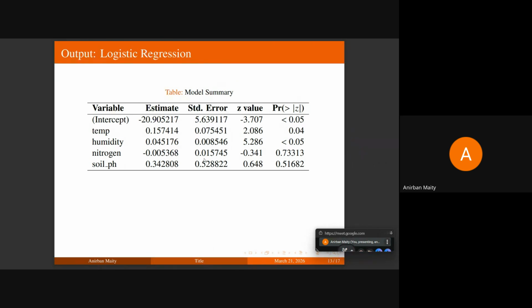This is the model summary of the data. Here you can see the model estimates of the parameters. If you fix humidity, nitrogen, and soil pH, and increase temperature by 1 unit, then your log odds will increase by 0.1574.